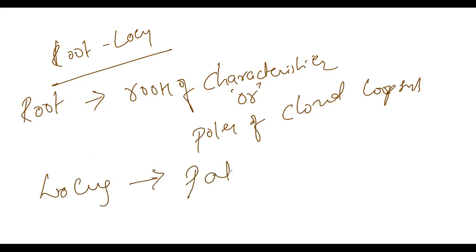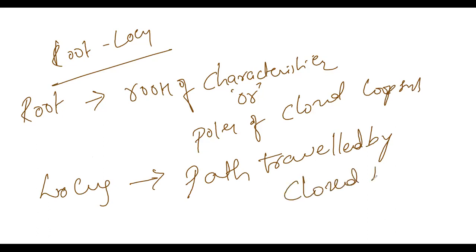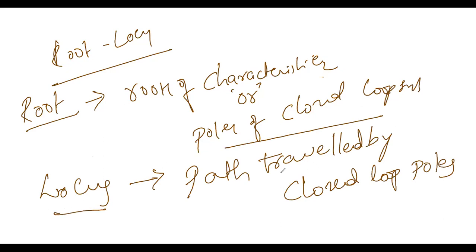It is nothing but the path traveled by the closed loop poles. Root is nothing but roots of the characteristic equation or poles of the closed loop system. Locus is nothing but the path traveled by the closed loop poles.